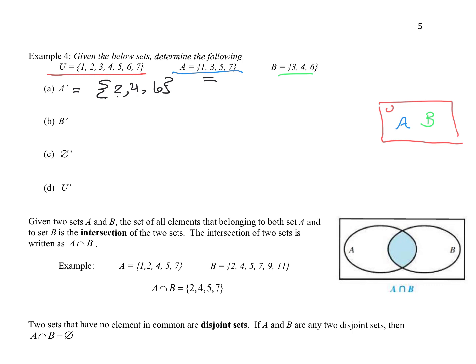B prime, same idea. What's in the universal set that's not in B? So I have a 1, a 2, I have a 3 and a 4, I need a 5 and a 7. The next one says the empty set prime, or not the empty set.